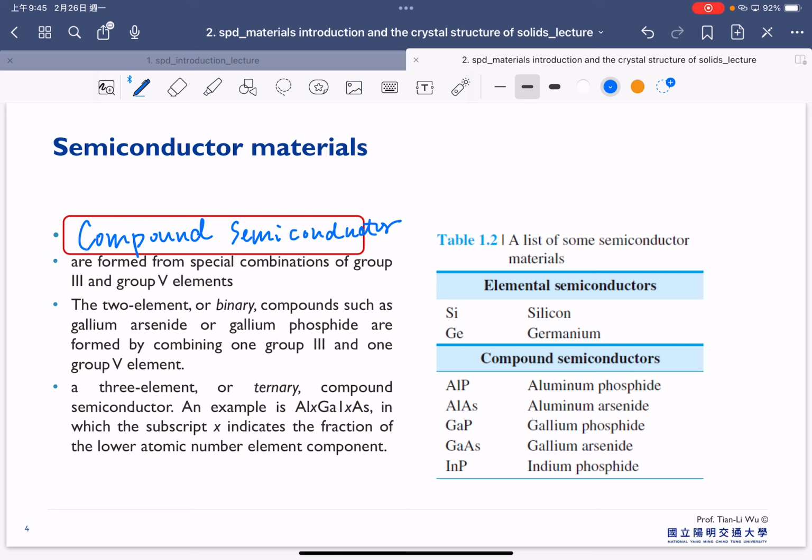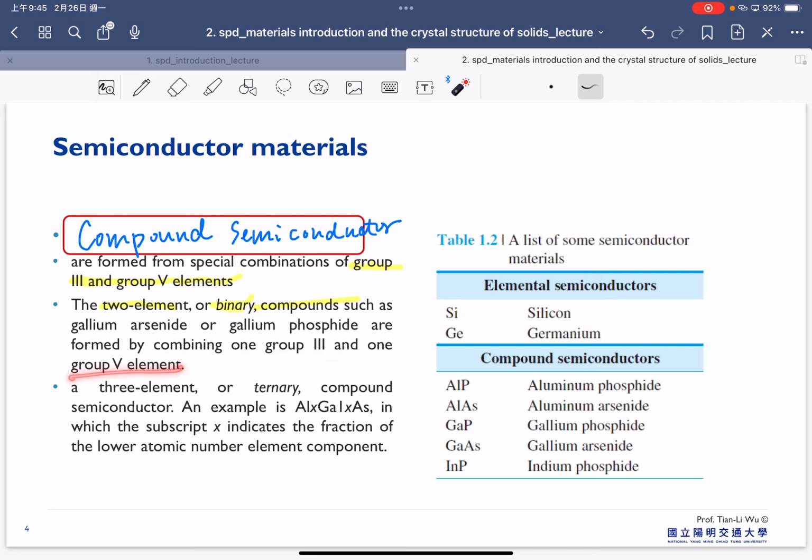The compound semiconductors are formed from a combination of group 3 and group 5 elements. With two elements, we sometimes call it a binary compound. For example, gallium arsenide or gallium phosphide can be formed by one element in group 3 and one in group 5.